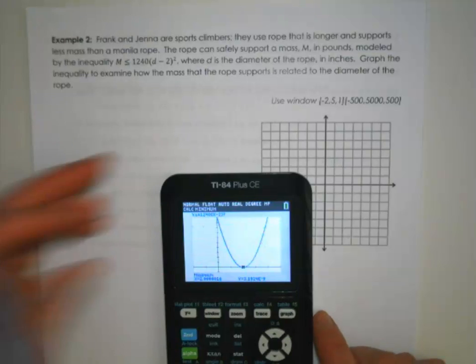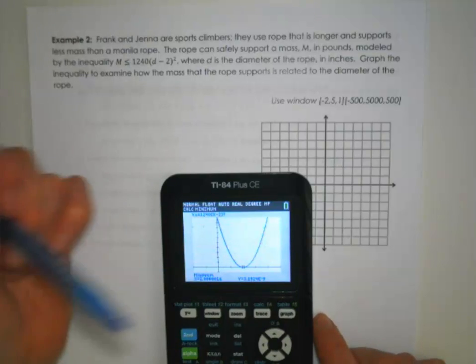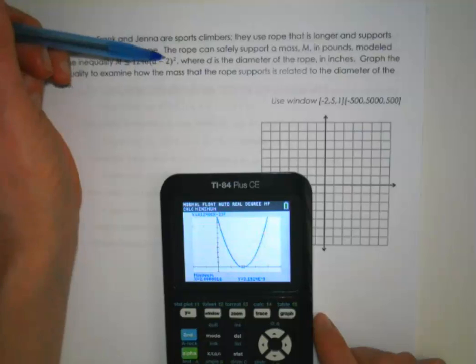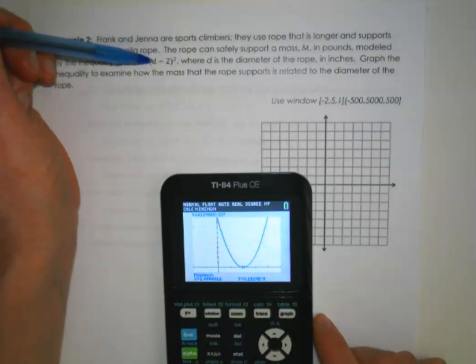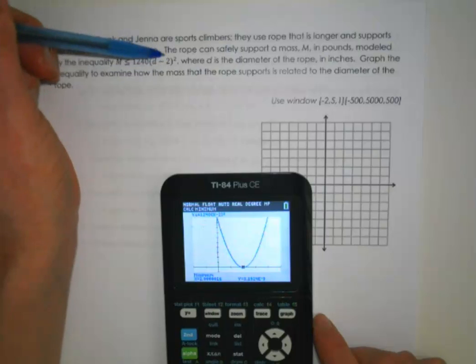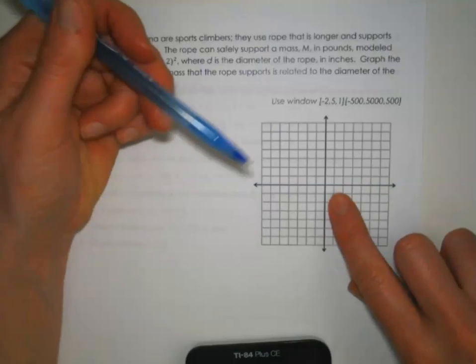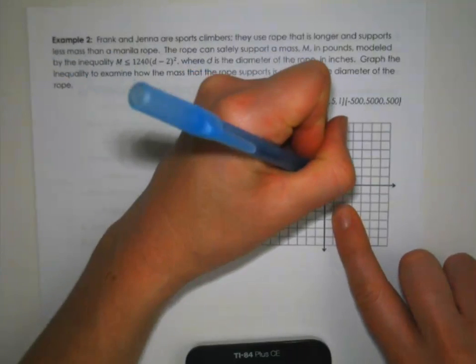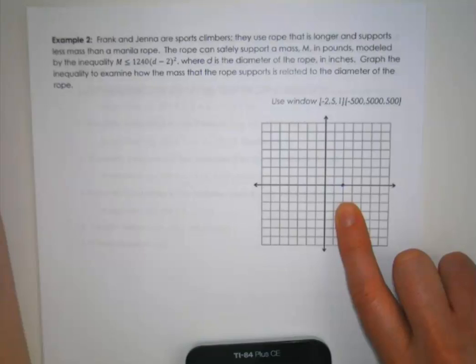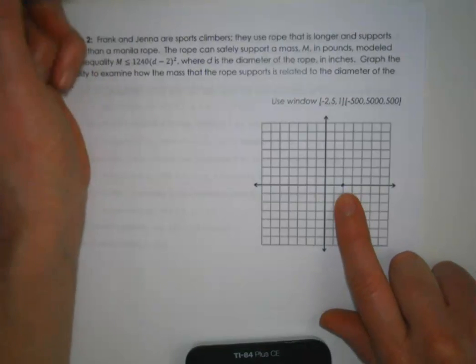Sometimes the calculator does this, but we can also just look at this because it's basically written in vertex form. So we have essentially x minus 2, so the x value is positive 2. And then we don't have any number added on, so the y value is 0. So our vertex is at x equals 2, y equals 0. You could have found that information either way.